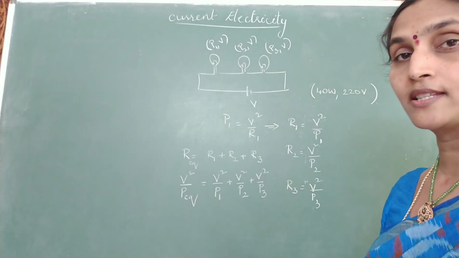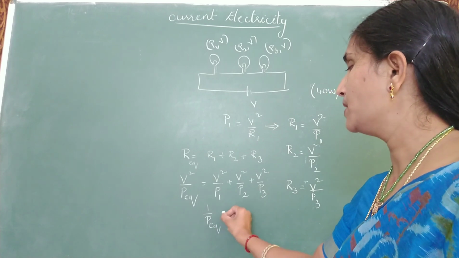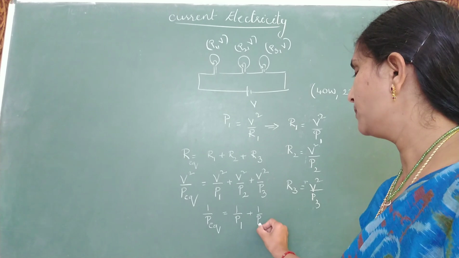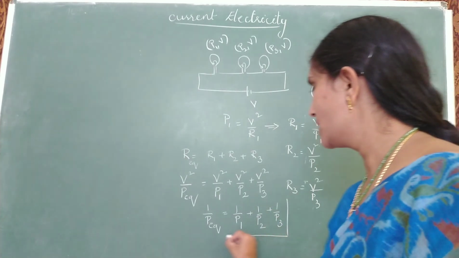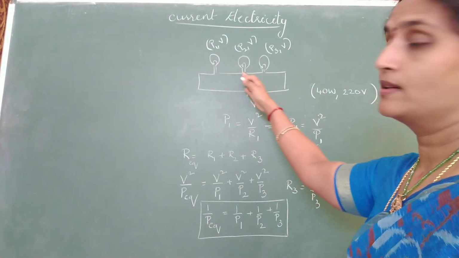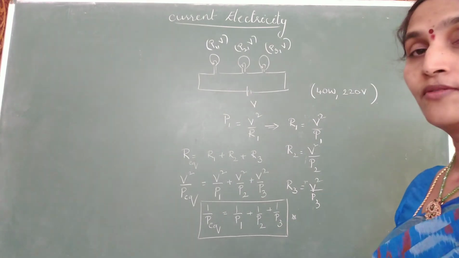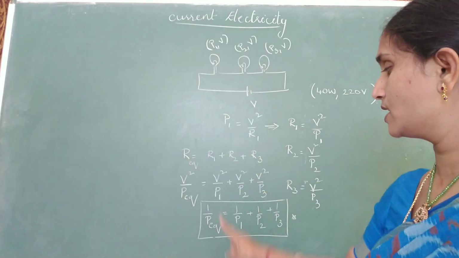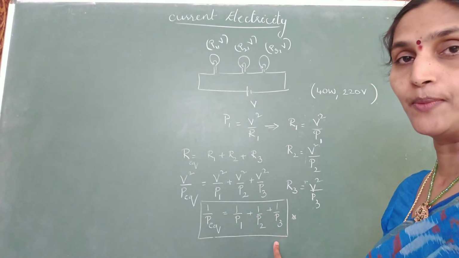Anyway, this V square term gets cancelled. So 1 by P equivalent is equal to 1 by P1 plus 1 by P2 plus 1 by P3. This gives you the equivalent power when bulbs are connected in series. So remember this formula.